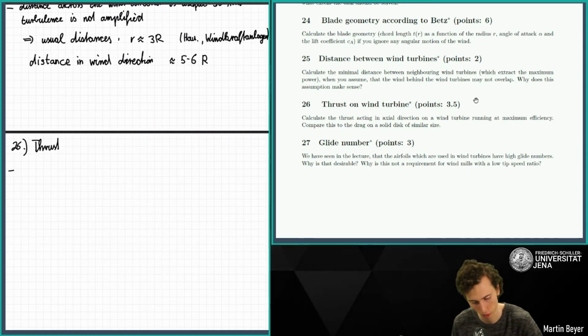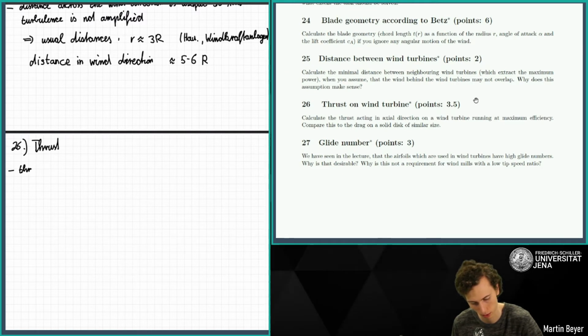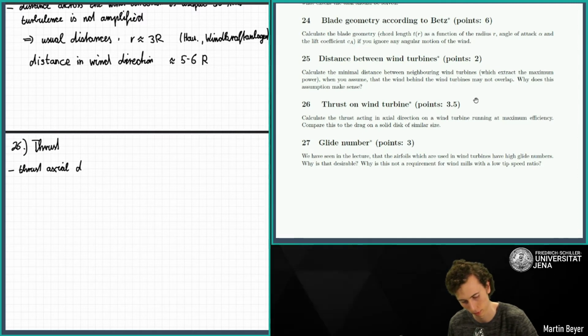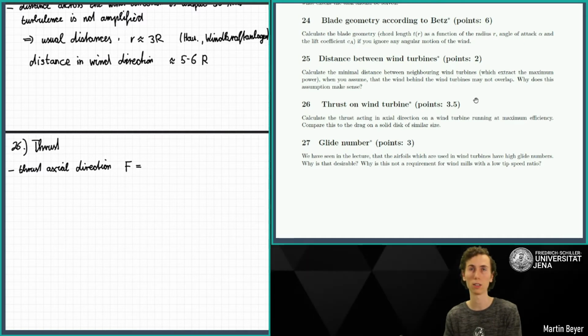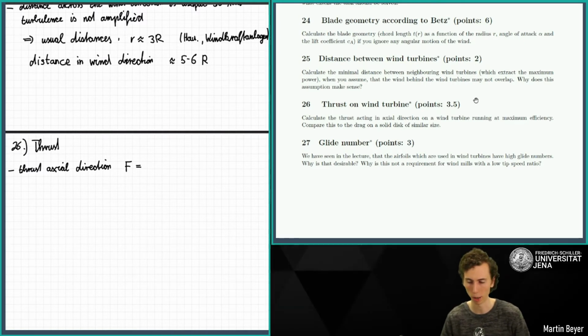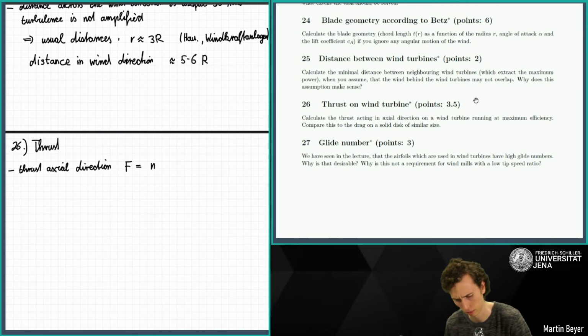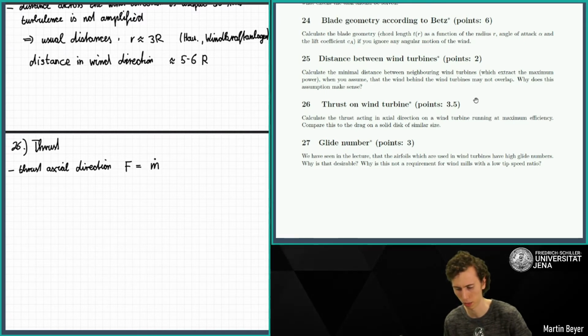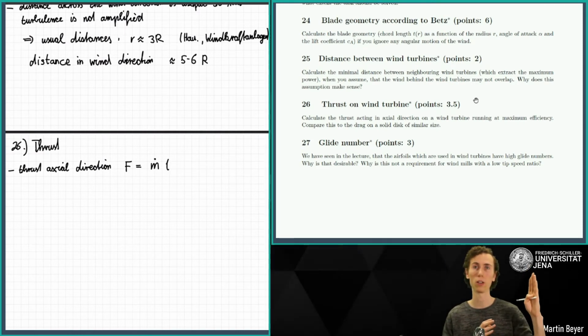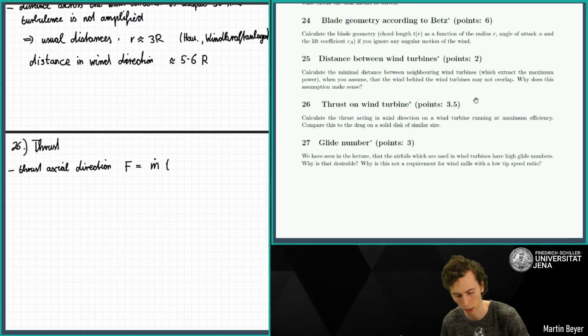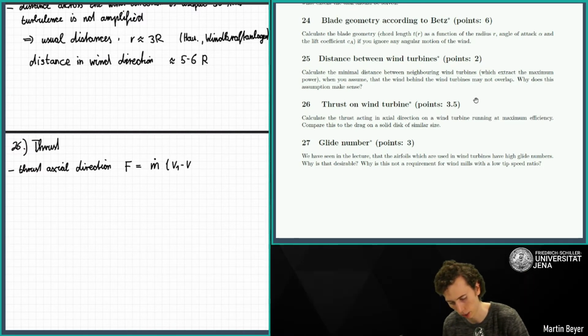First we note that the thrust in axial direction is given by just Newton's second law. Newton's second law states that the force is just the time derivative of the momentum, and the only time-changing parameter is the mass times the velocity difference far before and far behind our wind turbine, which is just V1 minus V3.